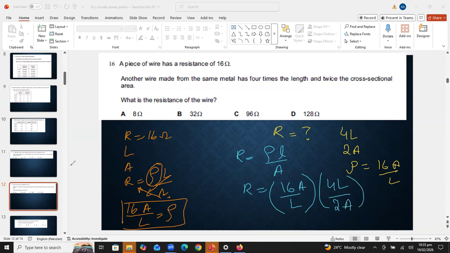Now let's solve this. L and L will cancel, area and area cancel. 4 divided by 2 is 2. So again 16 multiplied by 2, we get the resistance 32 ohms. Again we are getting B. Clear everyone? So you can use whichever method you find easier to solve this type of question.